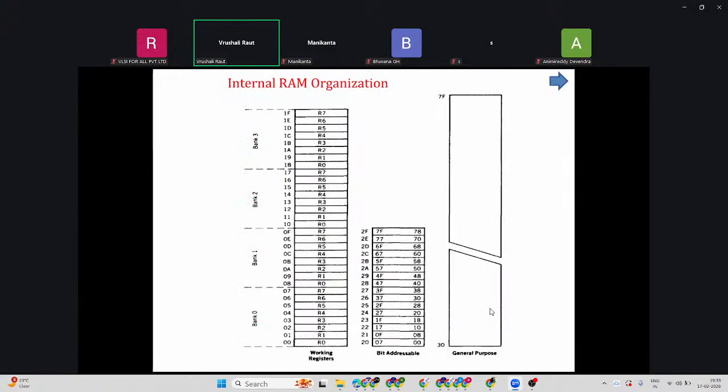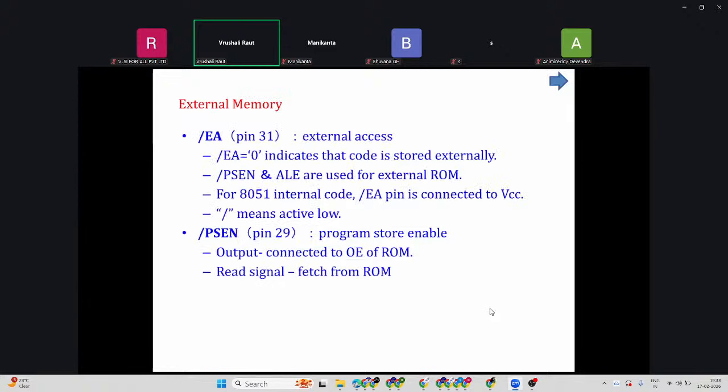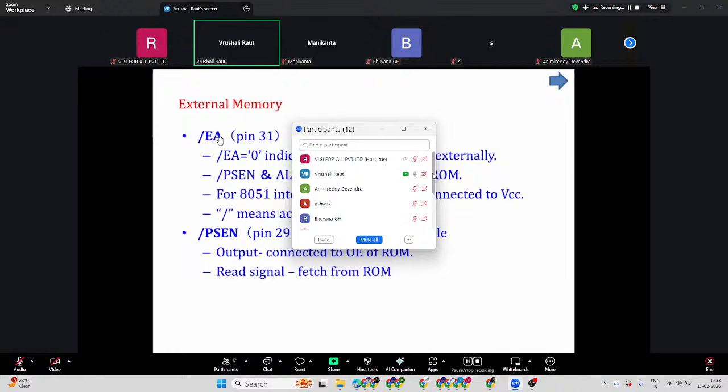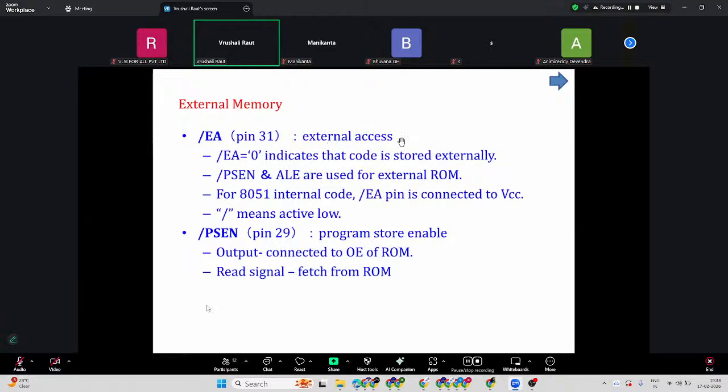Going to the external memory connection, what is the requirement? How do the pins of the 8051 have to be connected so that we can access the external memory? There is one pin, pin number 31, EA bar, active low. What does EA bar mean? It is external access.